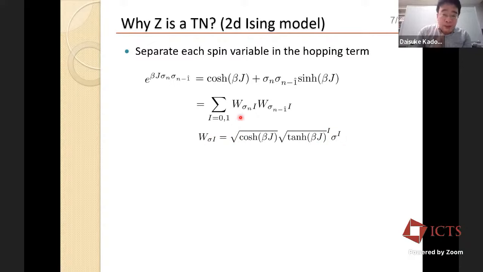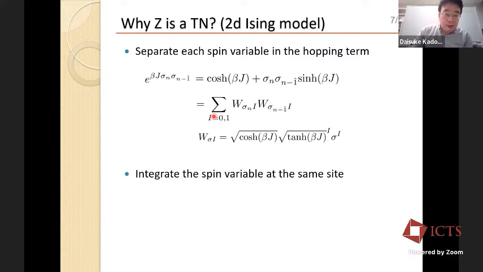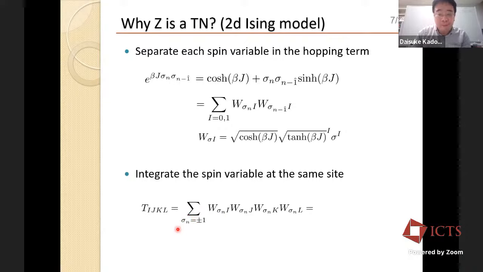Okay, an important point here is that sigma n, the spin variable on site n, is separated from the other spin variables using the new index I. So we can take the summation over spin variables in the partition function.